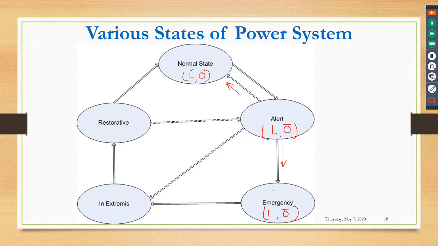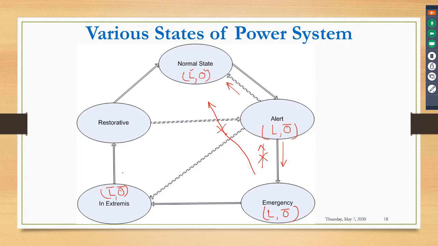And from the emergency state it is not possible for the system to go back to the alert state or to go back to the normal state. It is not possible. Okay. So therefore it finally goes ahead to the in extremis state, where line and operating constraints both are violated.